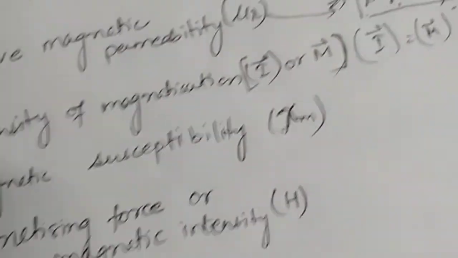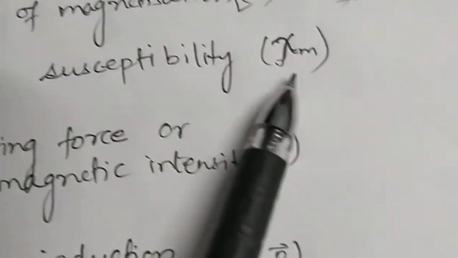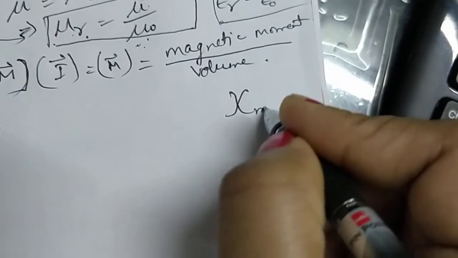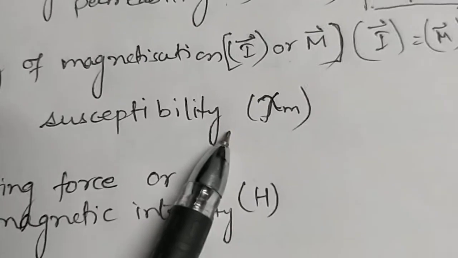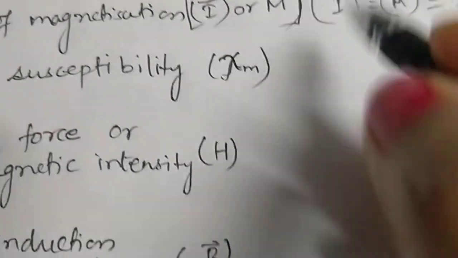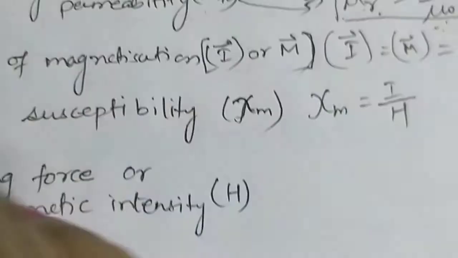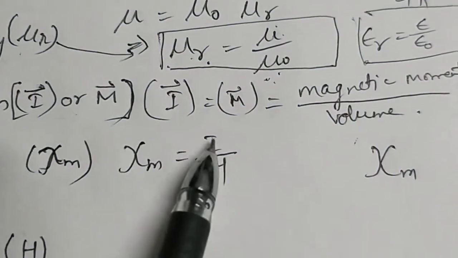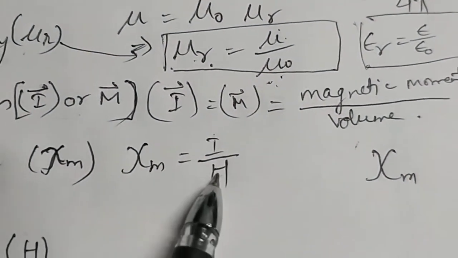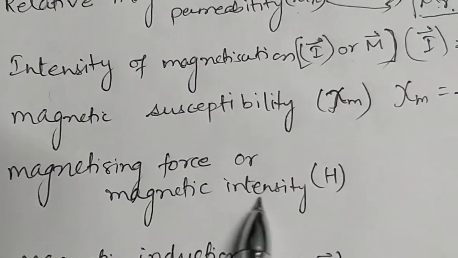Now next comes magnetic susceptibility. The symbol for magnetic susceptibility is Xi M, where M is a subscript for magnetism. It is defined as Xi M is equal to I by H. I is intensity of magnetization, that is, magnetic moment per unit volume, divided by H, which is the next term we will do, the magnetizing force or magnetic intensity.